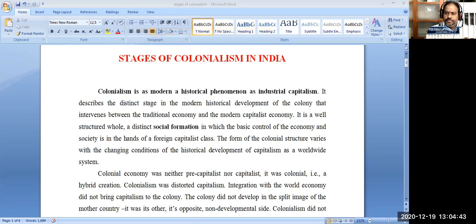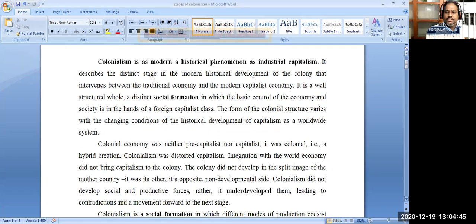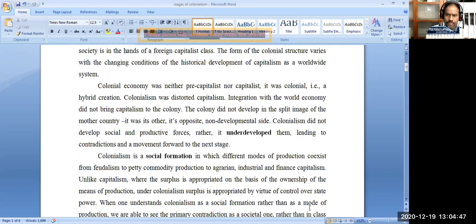Colonial economy was neither pre-capitalist nor capitalist. It was colonial, that is a hybrid creation. Colonialism was disordered capitalism. Integration with the world economy did not bring capitalism to the colony.